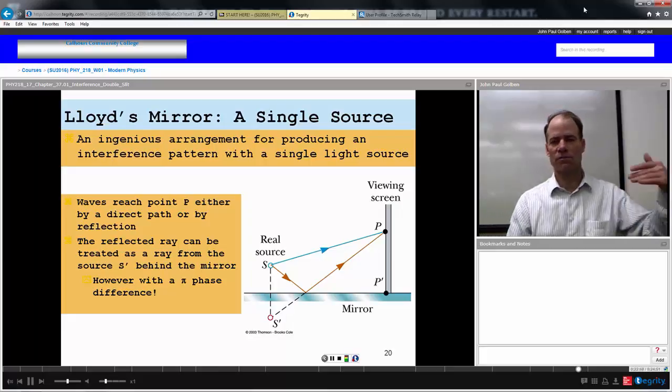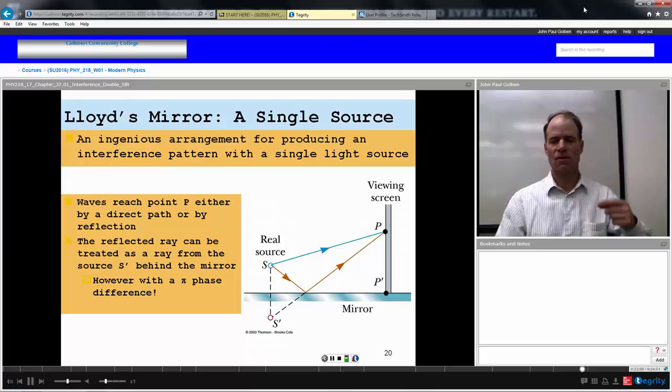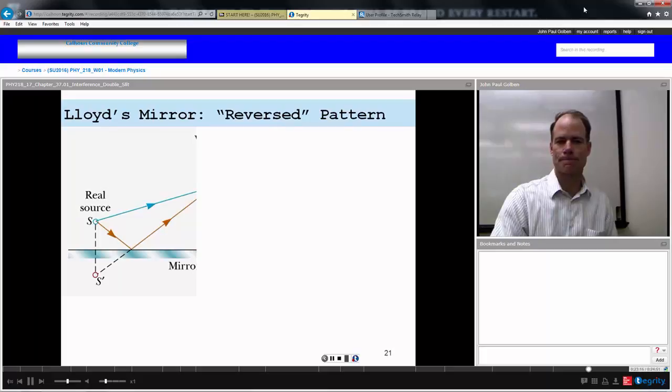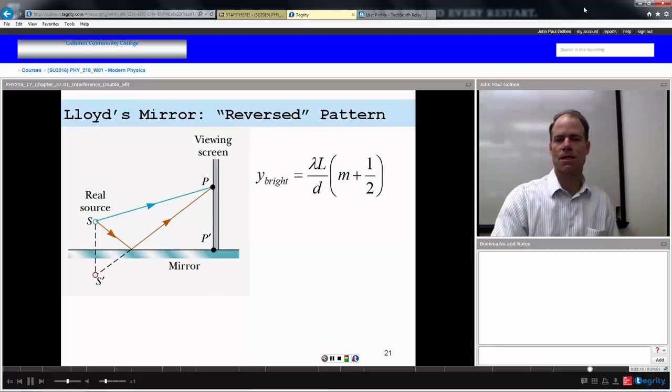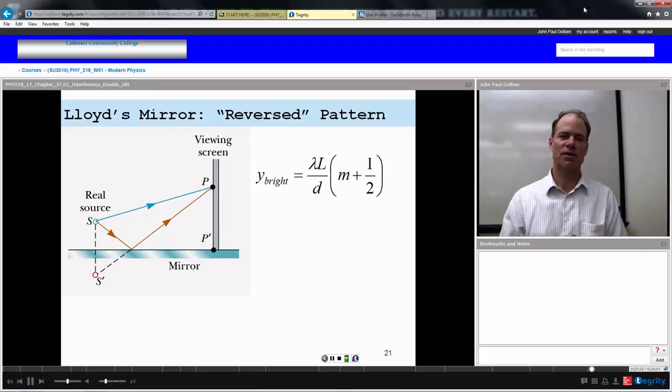However, when something reflects off a mirror, you're going to get a pi phase reversal on that reflection. So we can do the same kind of interference analysis as for the double slit, but it's going to reverse all of our maxima and minima equations because we get a phase reversal on this reflected wave. Because of that, we'll get bright fringes with the same kind of equation that we had with our double slit pattern earlier for dark fringes.